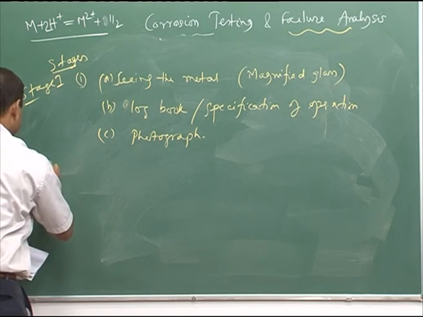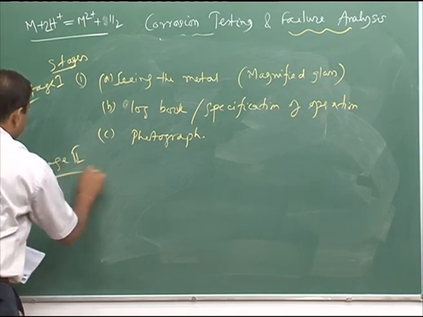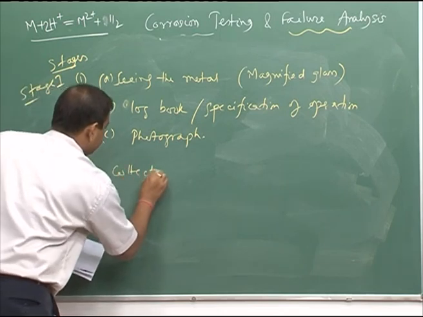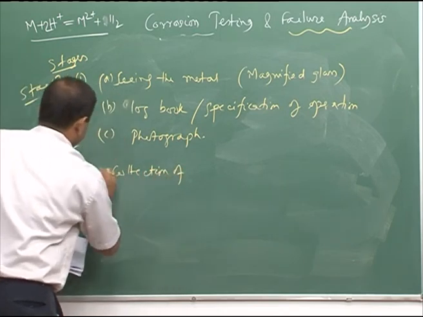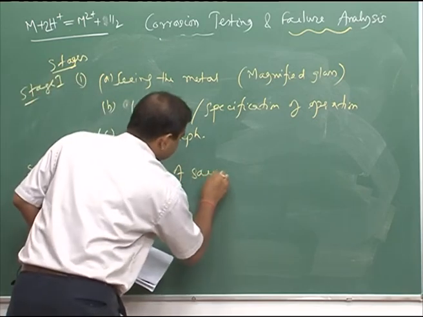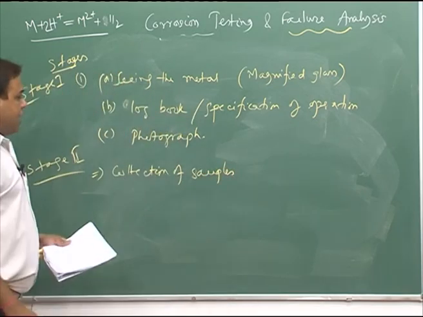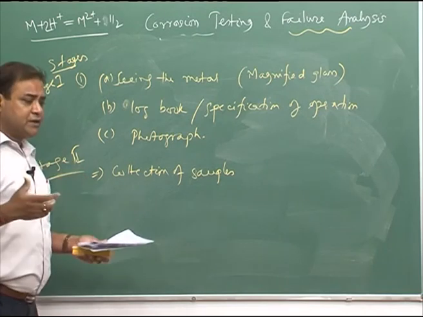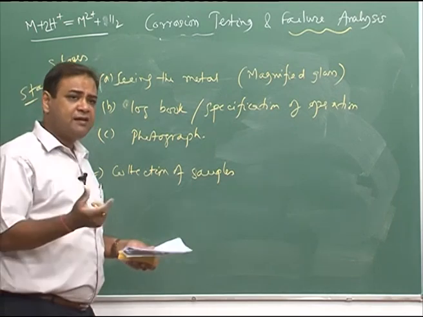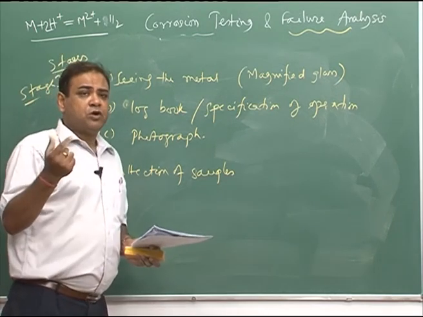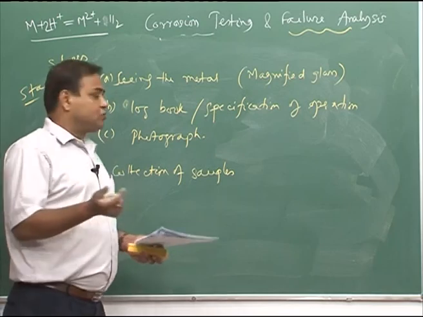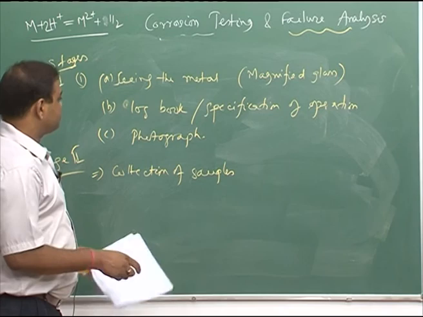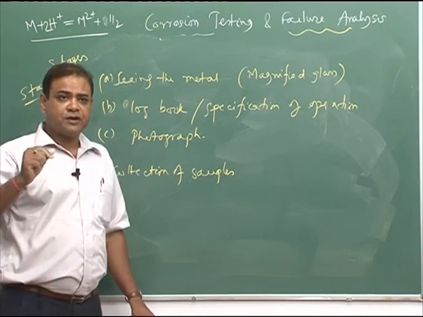The second stage involves collection of samples. Those samples could be the material which has failed, or the rust that is there. They should be collected in a plastic bag and protected properly.